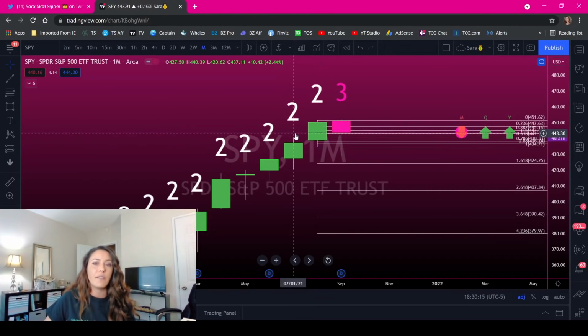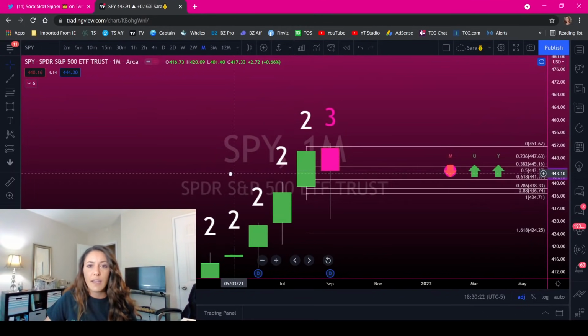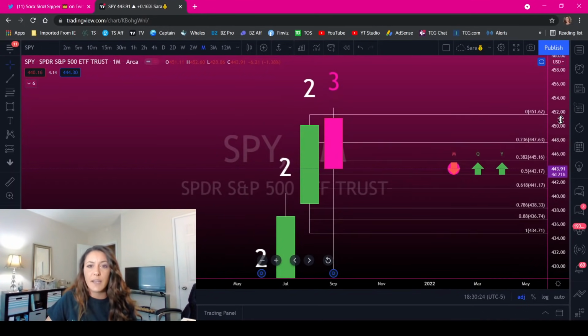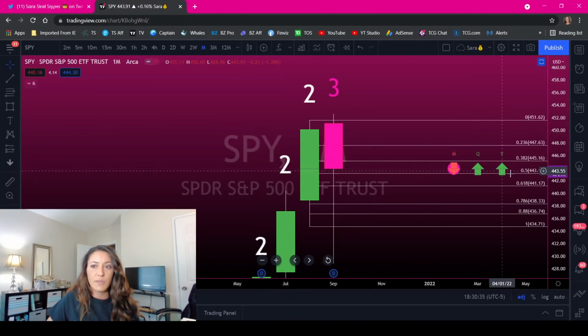If you don't have a 50% script for your candle, you can just draw a fib and it'll give you your 50%. So if we take the low of the August candle and drag it to the high of the August candle, the 50% retracement mark was around 443.